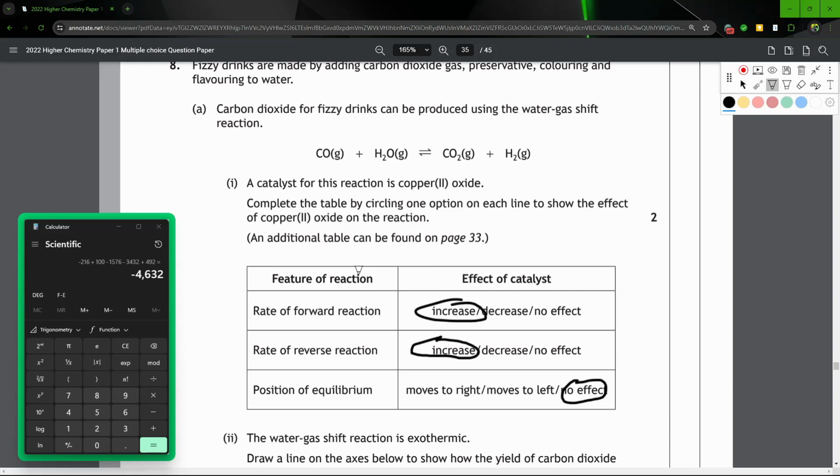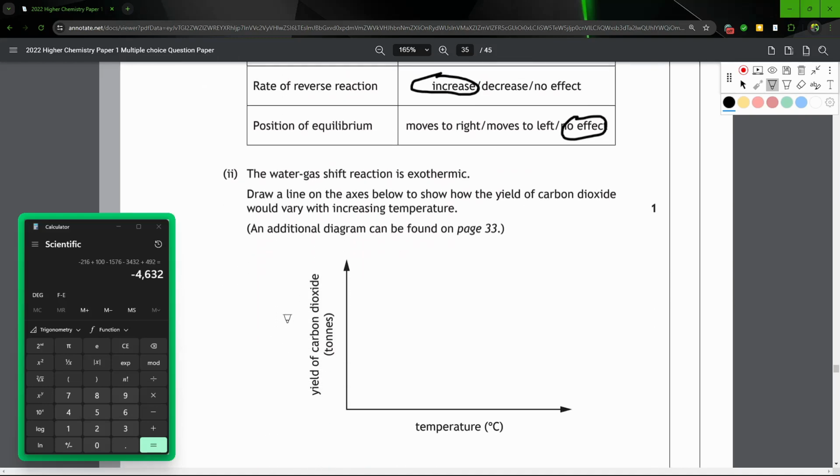The water gas shift is exothermic. Draw a line on the axis below to show how the yield of carbon dioxide would vary with increasing temperature. So remember, this is yield, not speed.